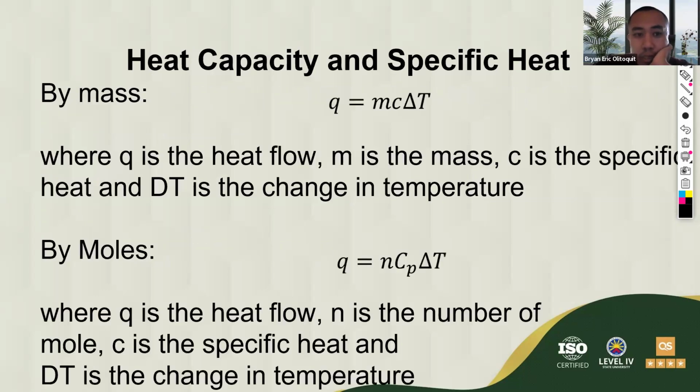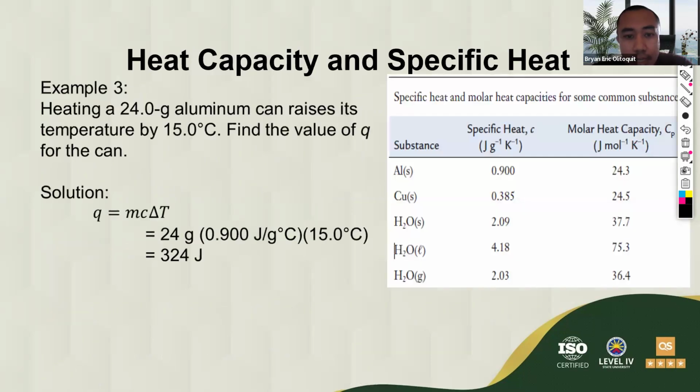We use this formula if we're talking about mass: Q equals MC delta T. Specifically, this one is MCp delta T, depende sa kung ano yung constant. In terms naman sa moles, you have Q equals NCp delta T where N is the number of moles and C is the specific heat in terms of moles. So, yun yung sa heat capacity and specific heat.